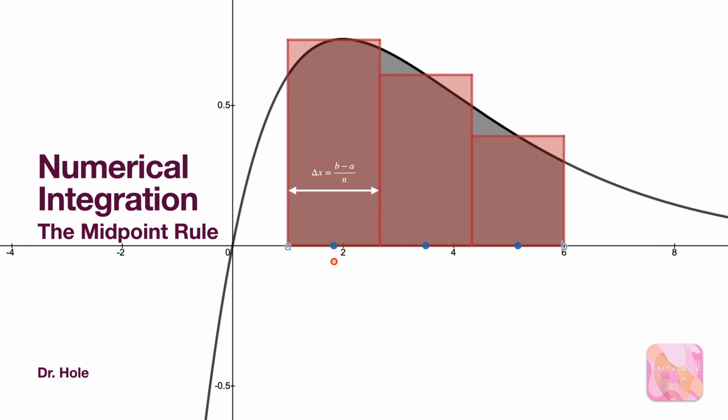Moving from the first midpoint to the second midpoint is one full copy of delta x. Let's look at a way to express that. The ith midpoint, m sub i, is a plus i minus 1/2 that many copies of delta x. Very good.